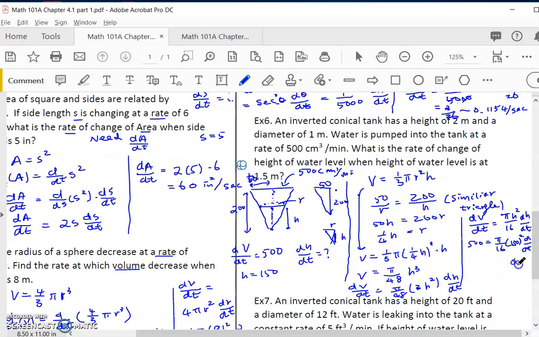So our dh/dt would be having all this divided by 500, divided by all of this on the other side. So it'll be divided by pi times 150 squared over 16. If you plug everything in, dh/dt would be rising at 16 over 45 pi.